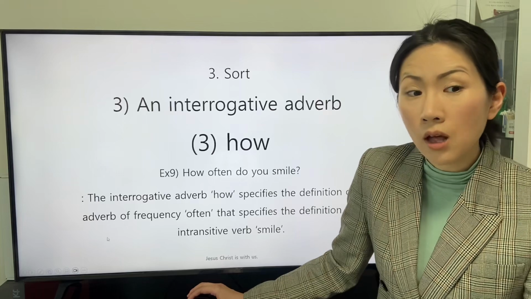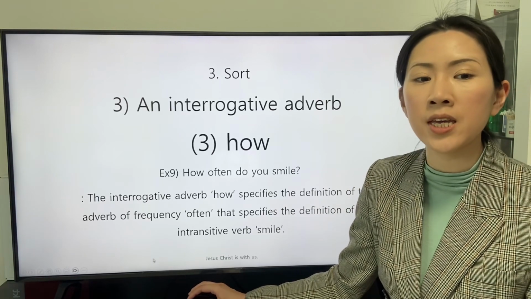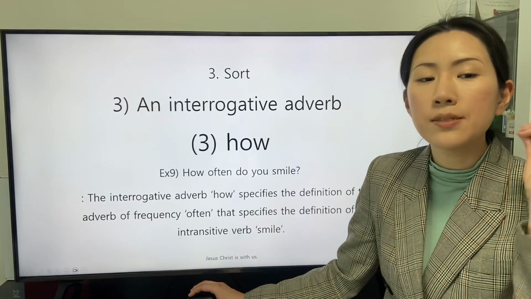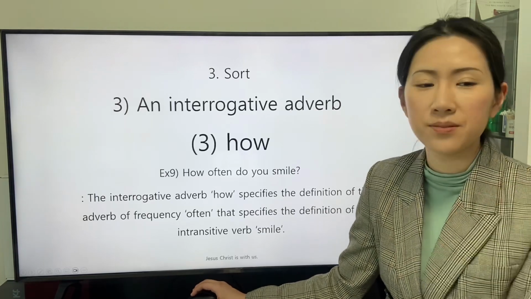In the ninth clause, the interrogative adverb how specifies the definition of the adverb of frequency, often, that specifies the definition of the intransitive verb smile.